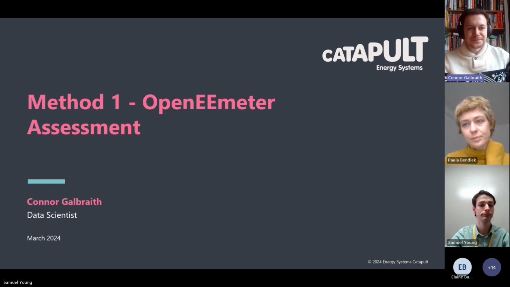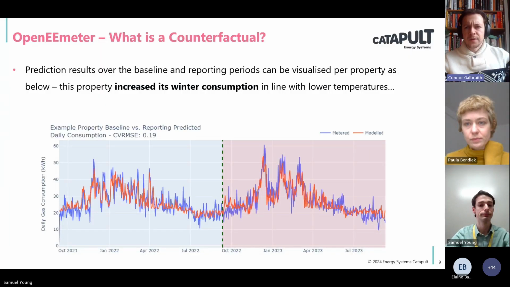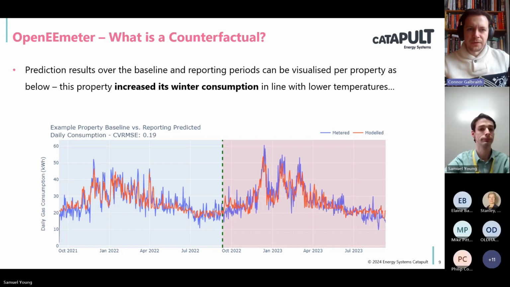First slide, please. We've been talking about counterfactuals up to now, so it's important to visualize what they mean in a metered energy savings context, because they can seem a bit esoteric when talked about in the abstract.